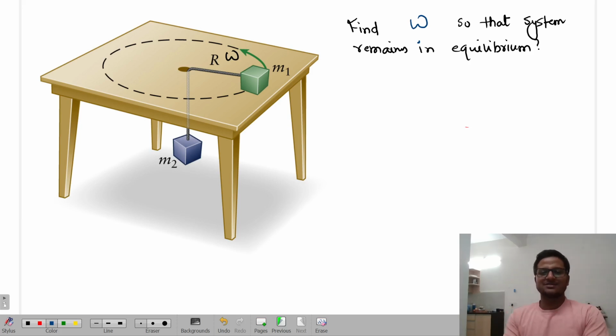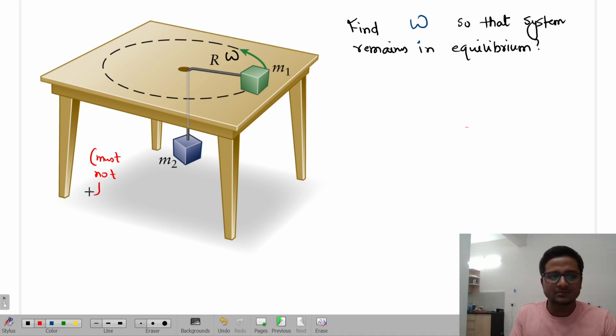Find omega so that the system remains in equilibrium. अच्छा देखो, इक्विलिब्रियम का मतलब क्या है कि m2 must not fall, isn't it? So that means there will be a force mg, the weight of this particular block, which must be balanced with the tension.